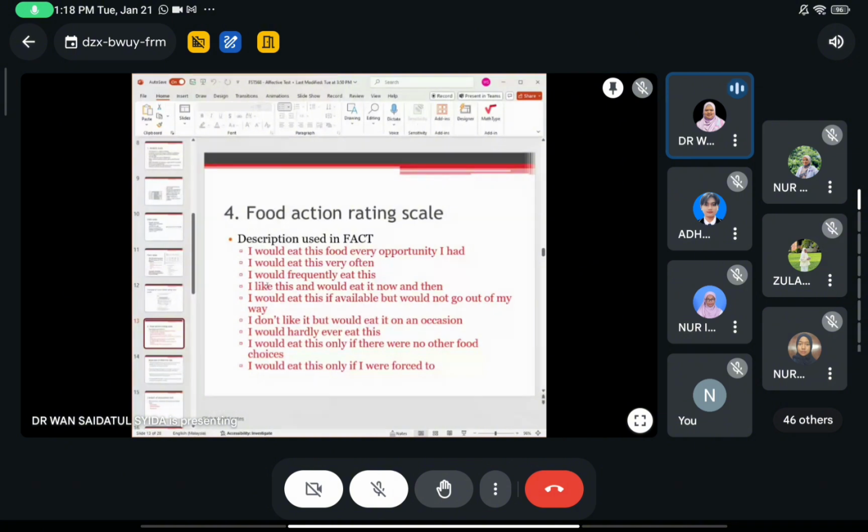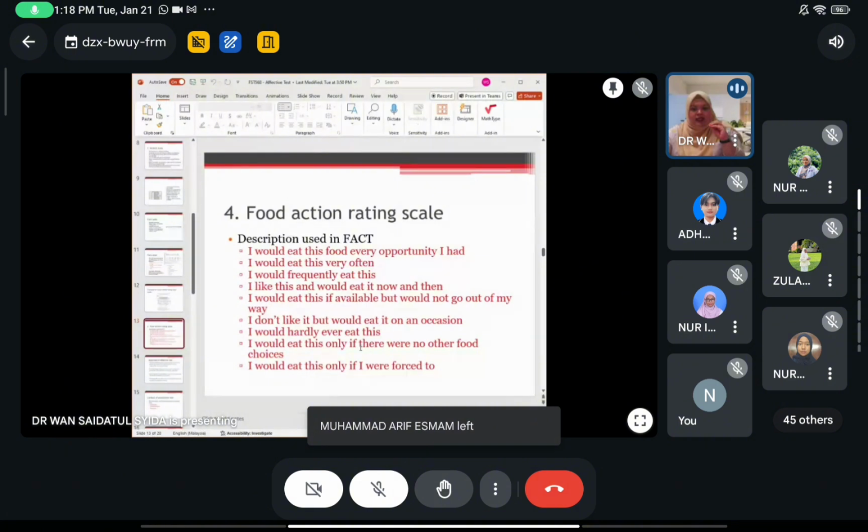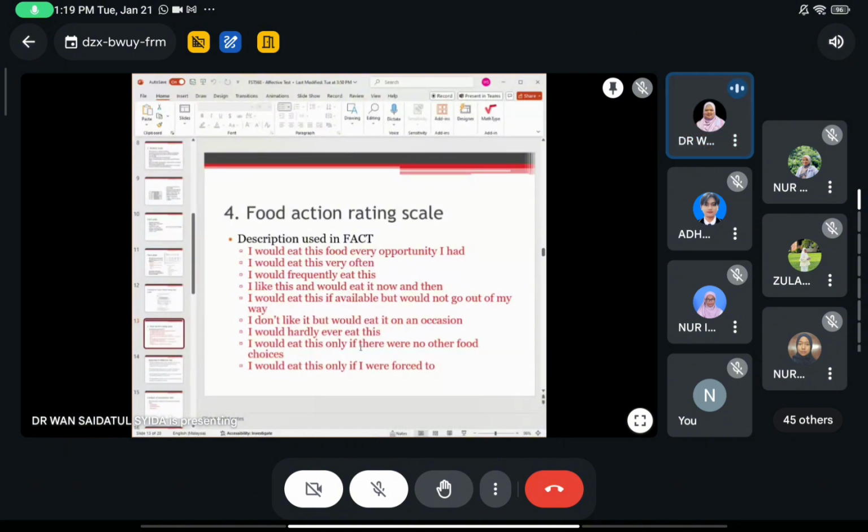Find the important verbs. It doesn't have to be a full or complete sentence as written in the notes, but you should have all the important verbs. I would eat this food every opportunity, or I would eat this food very often. It can be seldom. Okay, so this is the food action rating scale.